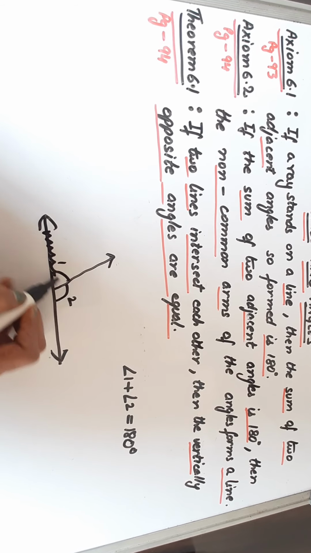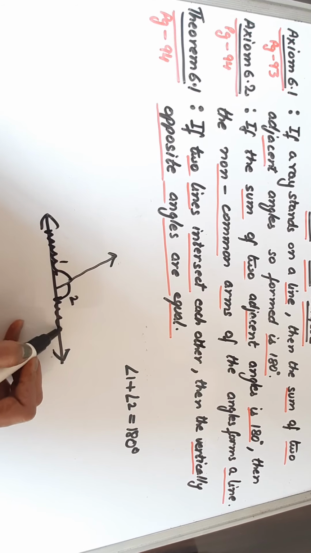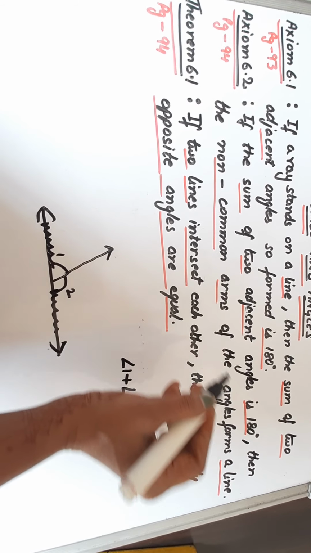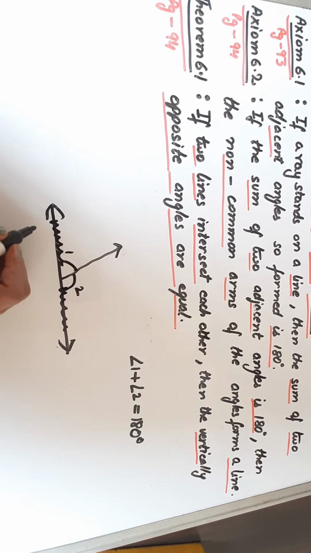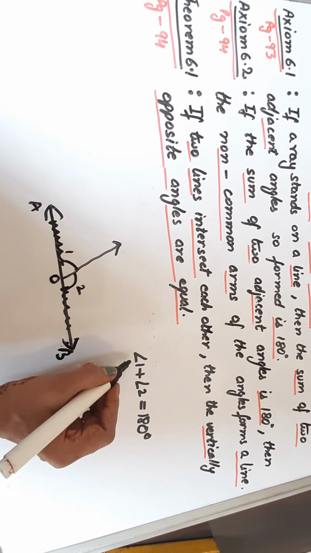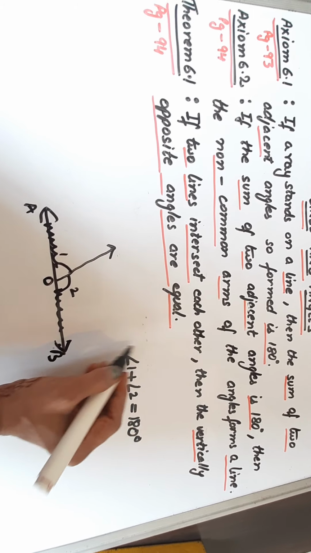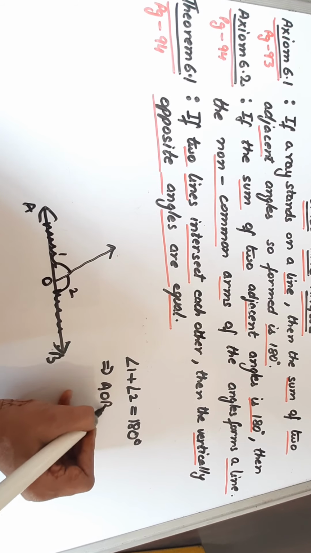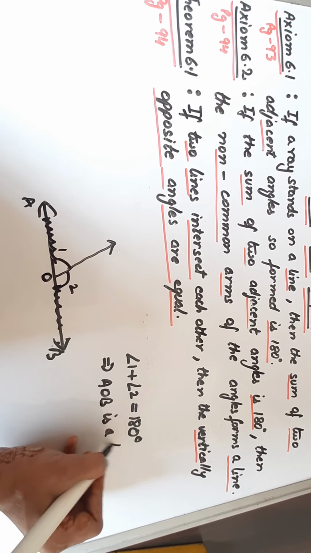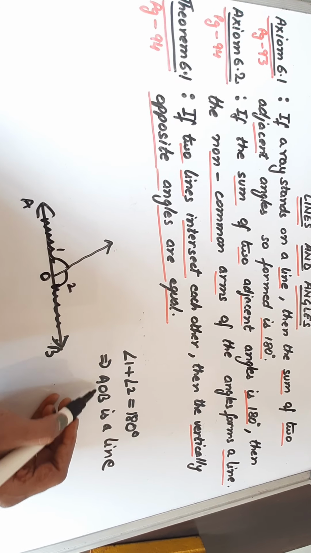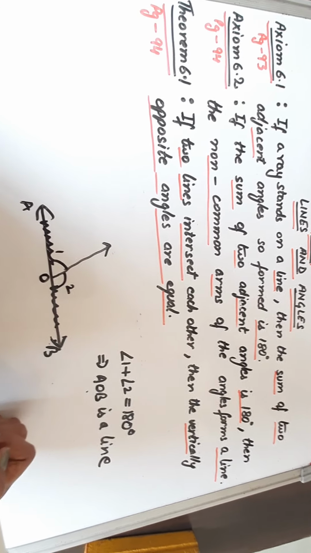This arm of the first angle and this arm of the second angle, they are non-common. Then the non-common arms of the angles form a line. So these two arms will form a line. So if angle 1 plus angle 2 is 180 and they are adjacent, this implies AOB is a line. Means if this is given, then we get this, and if the line is given, then we get this.